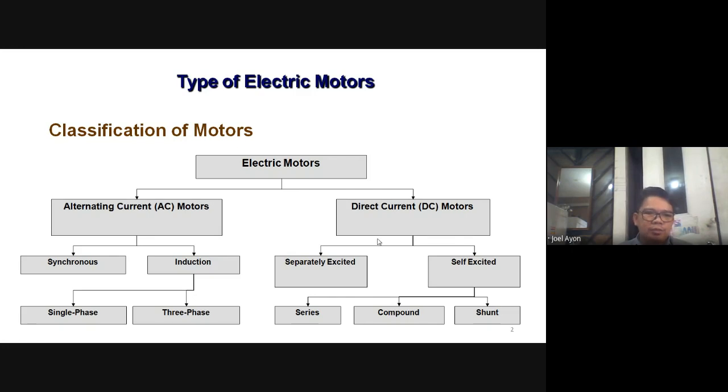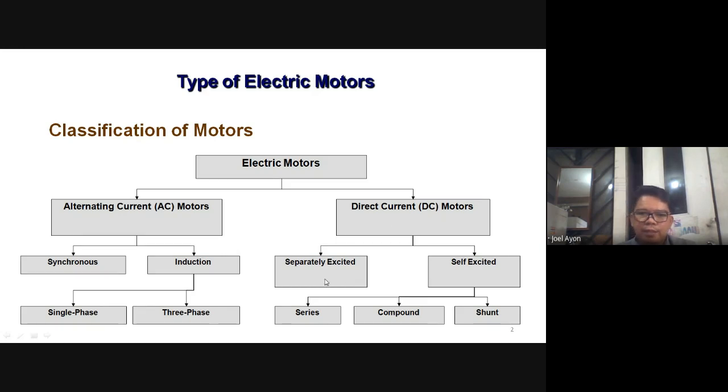All right. So under the AC motors, you have synchronous and induction motors. The most common in the industry are the induction type of AC motors. Under the induction AC motor, we have single phase and three phase. I know that you are familiar with this also. But our subject will focus on the direct current motors.